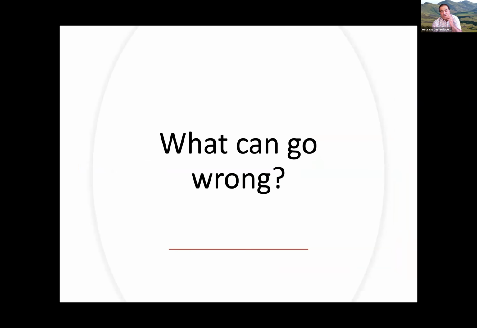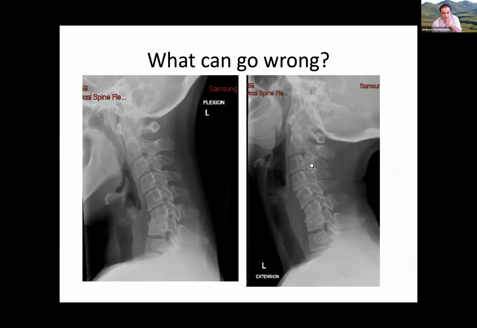What can go wrong? I think we have to acknowledge that either the wrong decision or poor surveillance can lead to kyphotic deformity, which we can see here, flexion versus extension in the cervical spine. This arguably can be tolerated by the patient fairly well in the cervical spine.